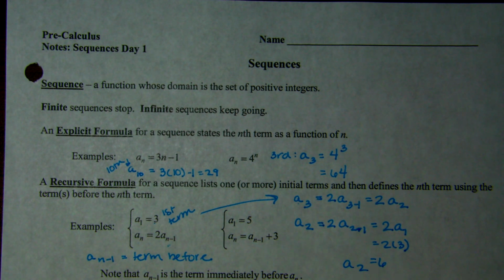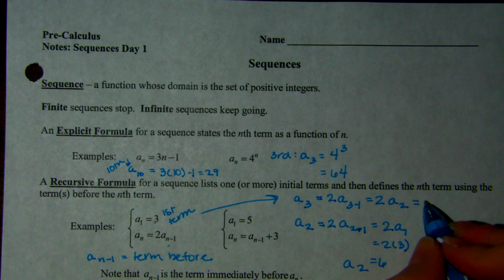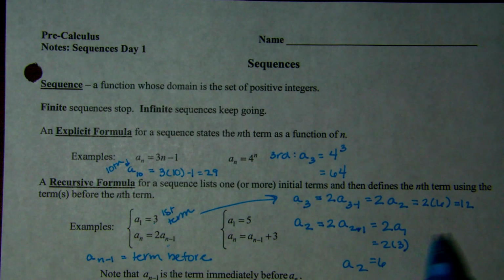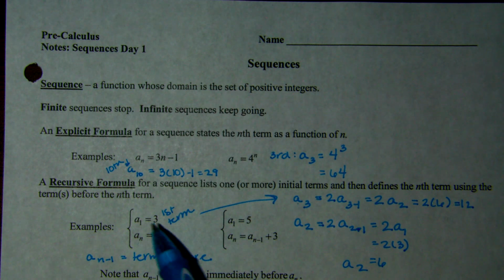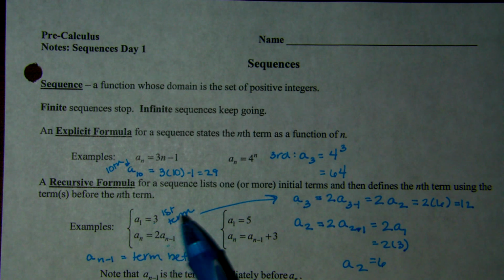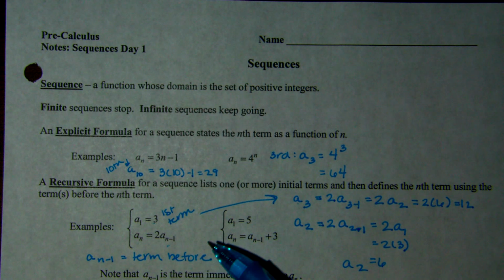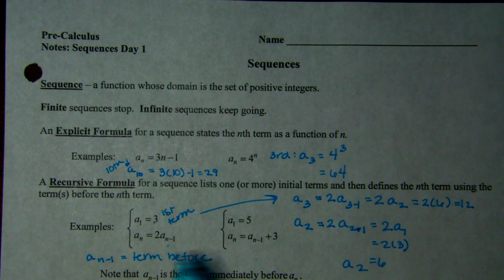So now I know the second term is 6, and if I know the second term is 6, I can find the third term, which is 2 times 6, which is 12. And so that's a recursive formula where they have to give us the beginning term, or 2 terms, or sometimes 3 terms, in order for us to find the other terms in the sequence.